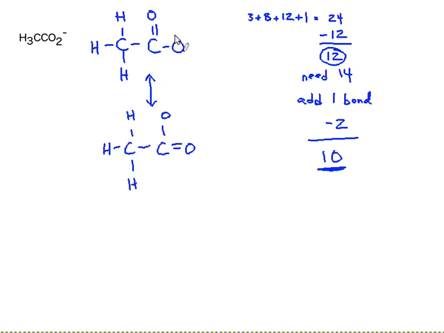This oxygen needs 6: 1, 2, 3, 4, 5, 6. And this oxygen with a double bond needs 4. So 6 plus 4, that's 10. We're good to go. We used all of our electrons, and we didn't use too many. Okay, so we can fill in the lone pairs on our other structure here, and we can see our 2 resonance structures.